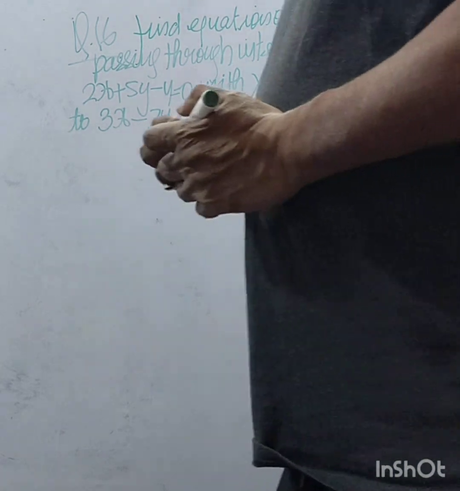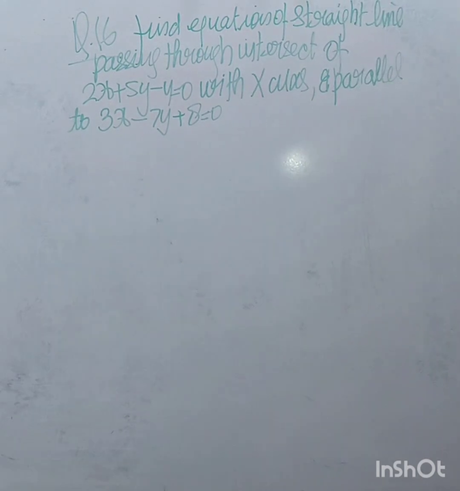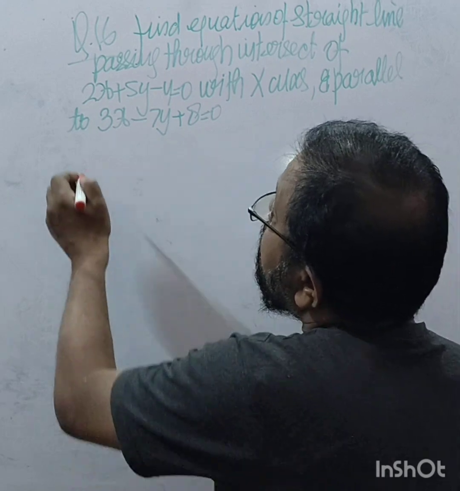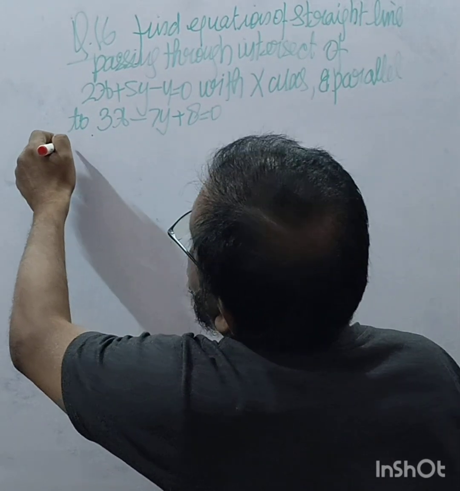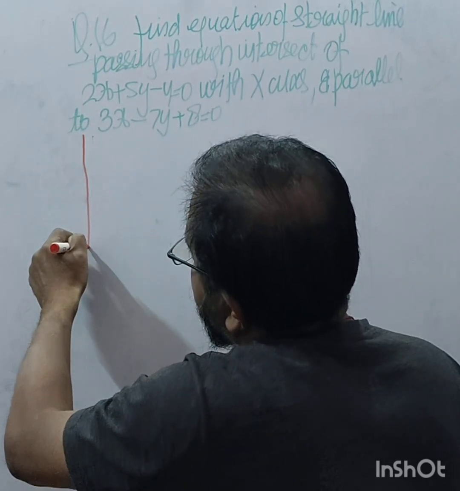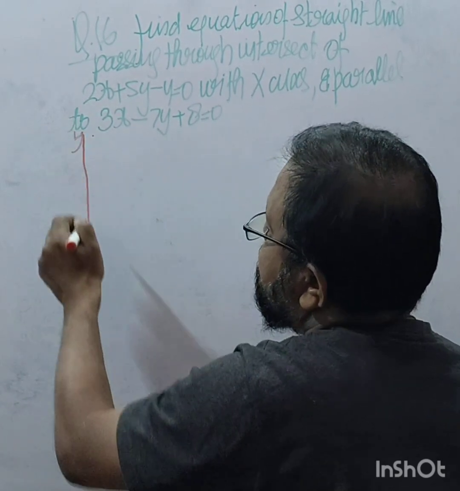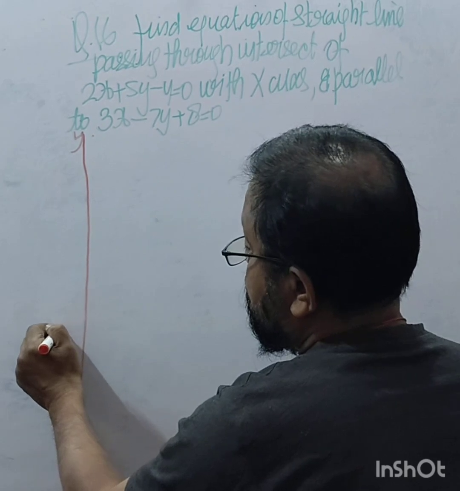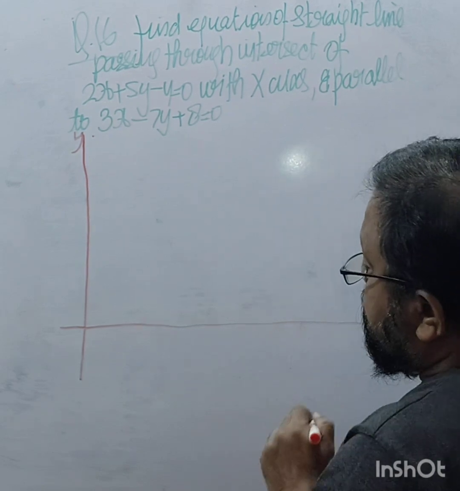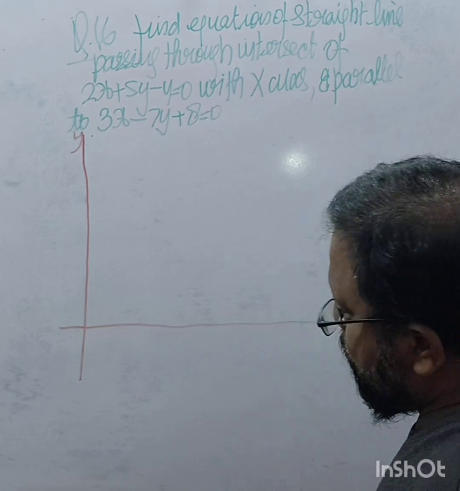How do you do this? Again, you draw a Cartesian plane here. This is the y-axis. This is the x-axis.